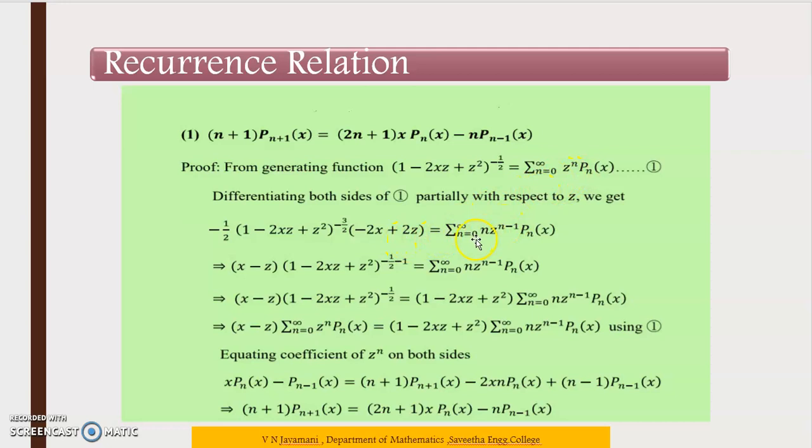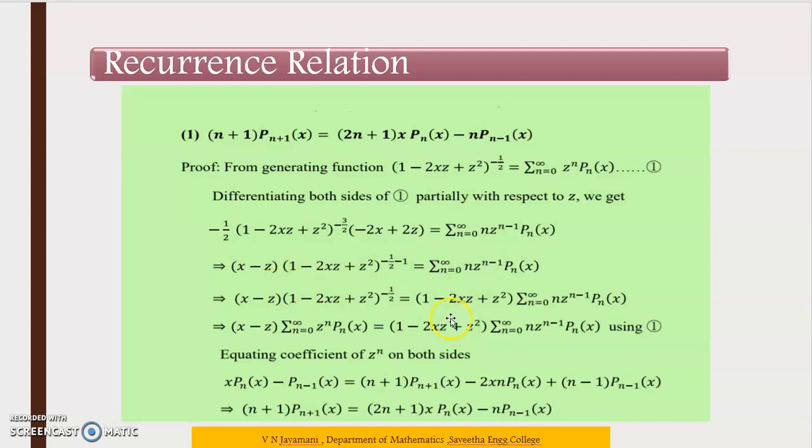The right side differentiates to summation n z^(n-1) Pn(x). So from these terms we can take out -2 outside. So the minus signs cancel, the 2 will cancel. So remaining we'll get (x - z)(1 - 2xz + z²)^(-3/2), which can be written as -1/2 - 1, equal to the right hand side as it is.